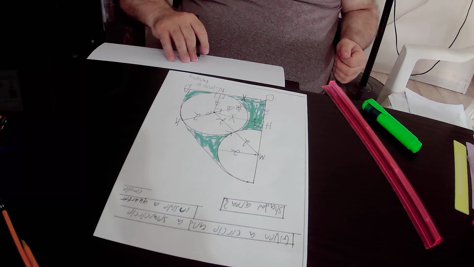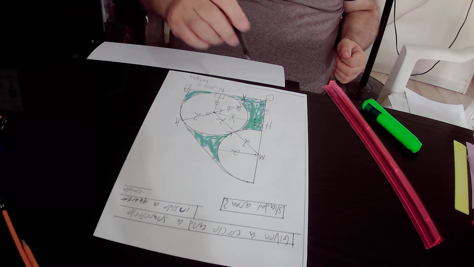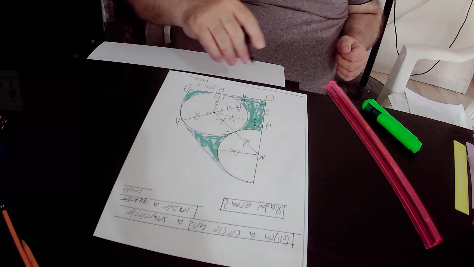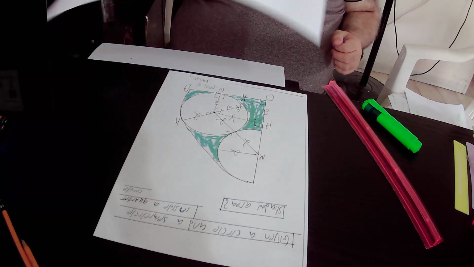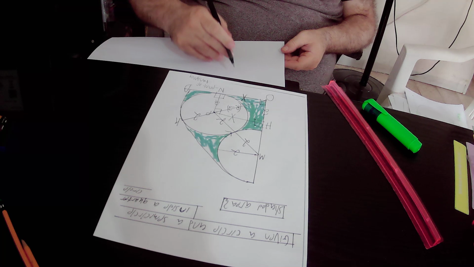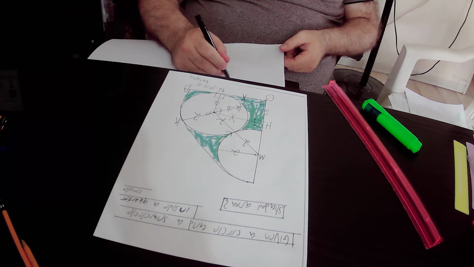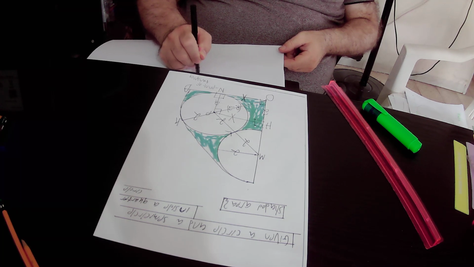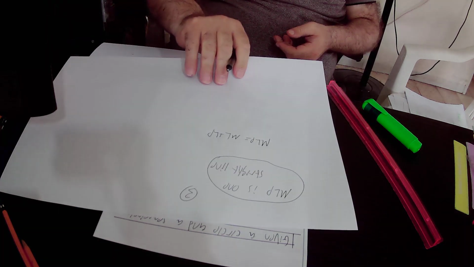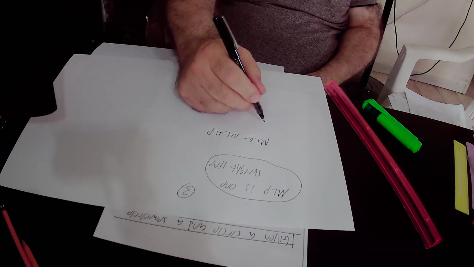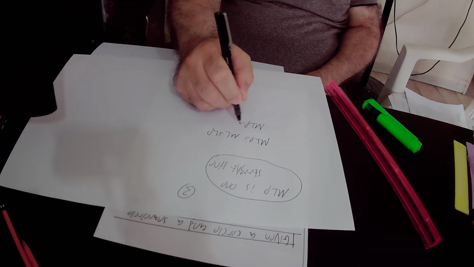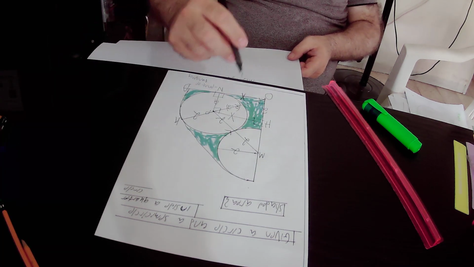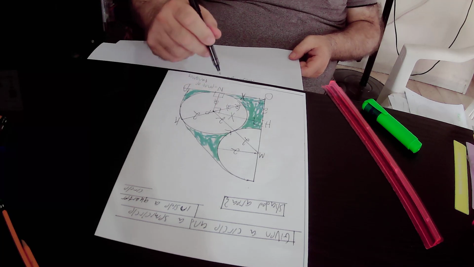So the length of the straight line MLP is equal to ML plus LP. I repeat again, the straight line MLP equals ML plus LP. So the straight line MLP equals ML, that is 2 units, plus LP, that is also 2 units.